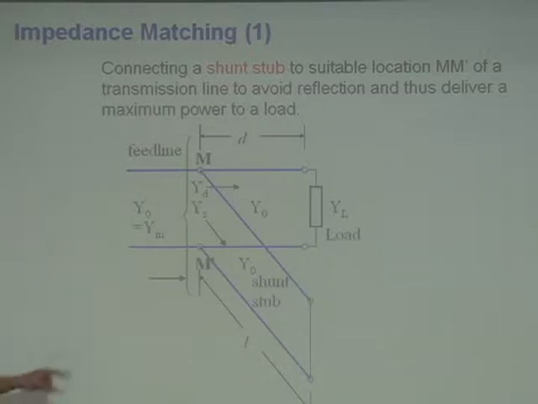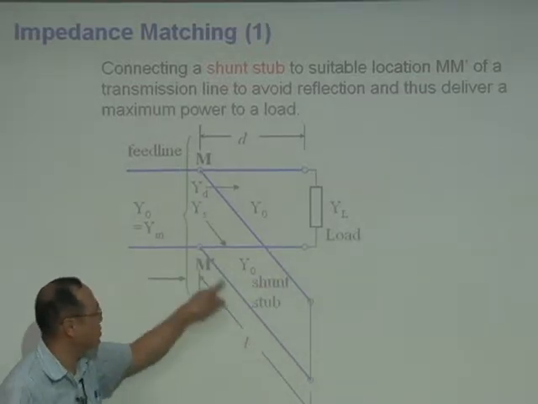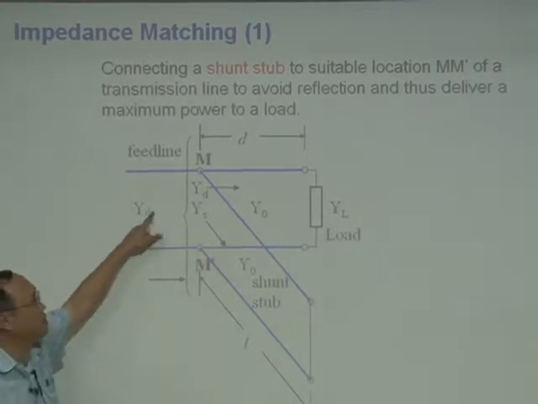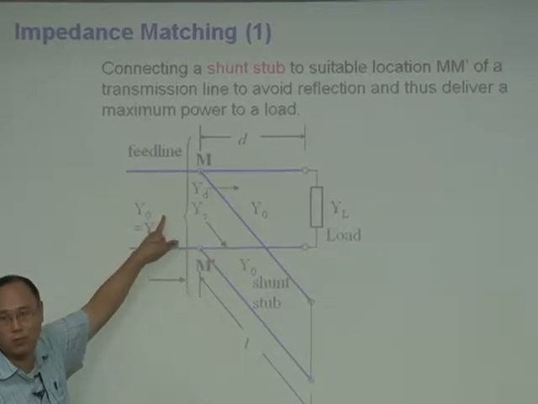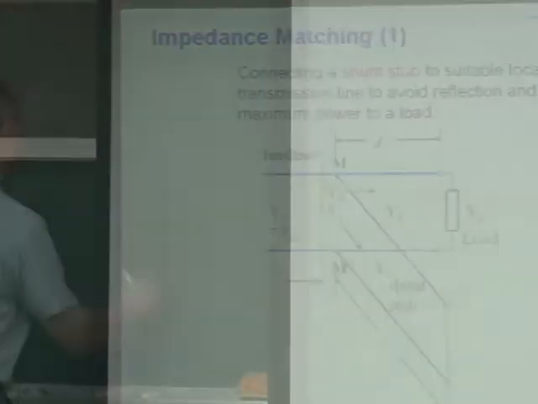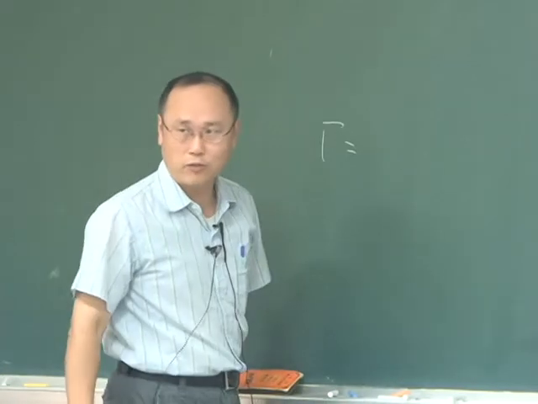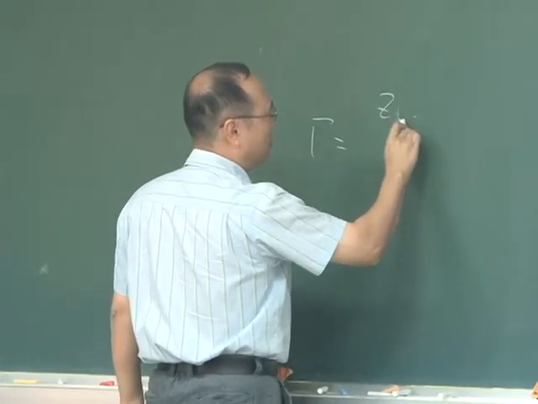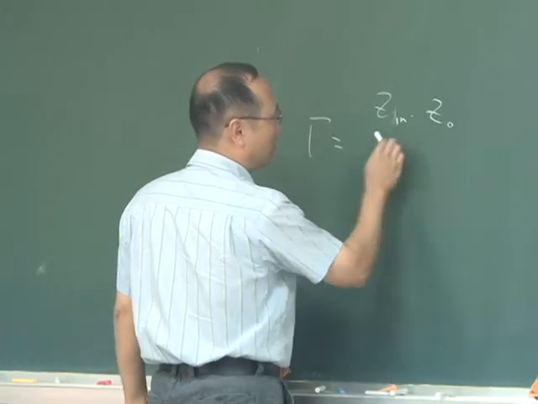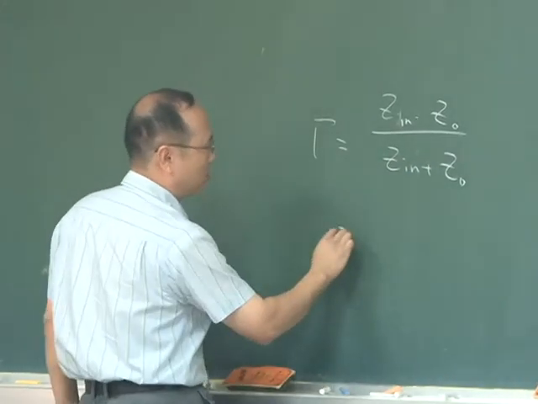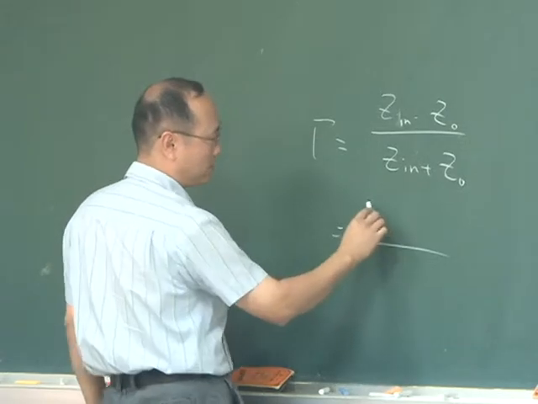OK，基本上你在这里接了一条线之后呢，这里看进去的这个 impedance 或 admittance 已经改变了。那你要把它变成就是跟你进去的 characteristic impedance 或者是 admittance 一模一样。这时候呢，你不会有反射，because your reflection coefficient is equal to what? Z input, Z characteristic impedance, or this is also equal to what?